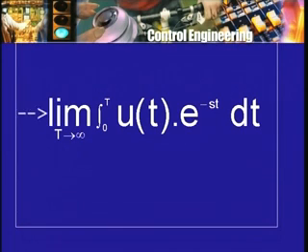So, therefore, the limit of, let us say, the integral from 0 to an upper limit, capital T, and the limit as capital T tends to infinity of the integral 0 to T of the function, and for us the input function is denoted by u(t).